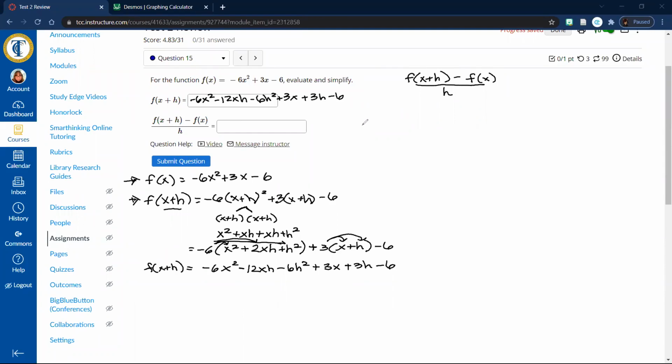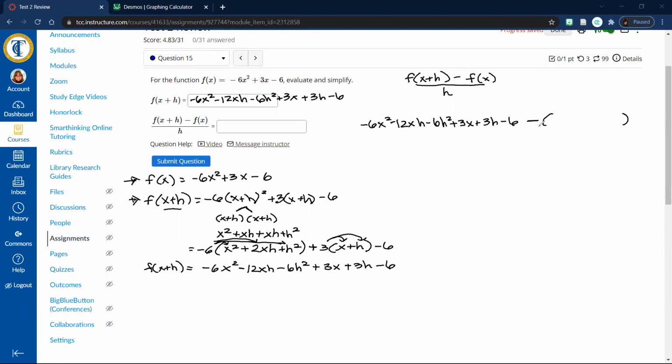The problem we just did, that really long one. So we got negative 6x squared minus 12xh minus 6h squared plus 3x plus 3h minus 6. Now guys, be really careful when you're doing this part and it says you're subtracting f of x, make sure that that is in parentheses.